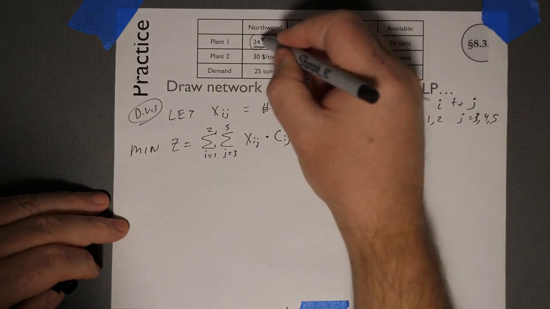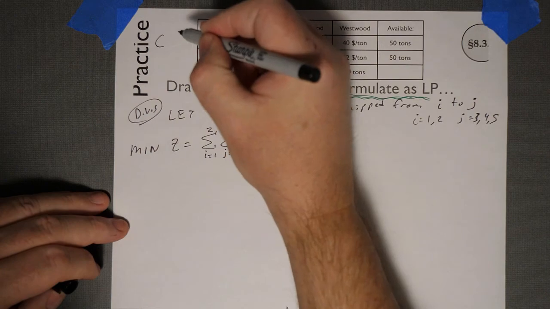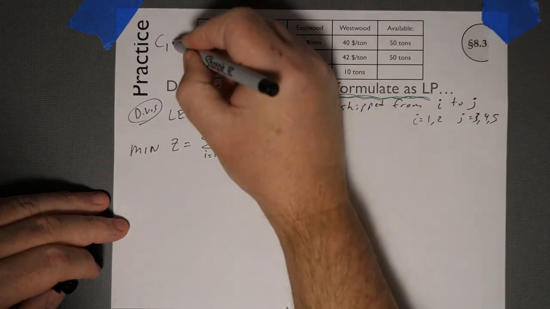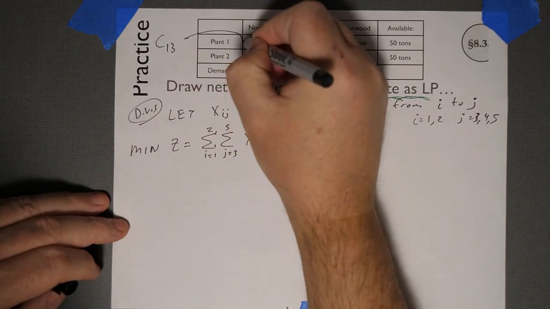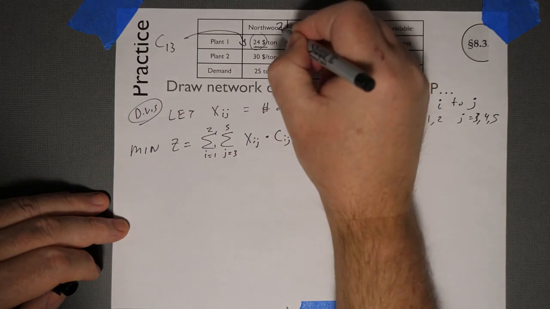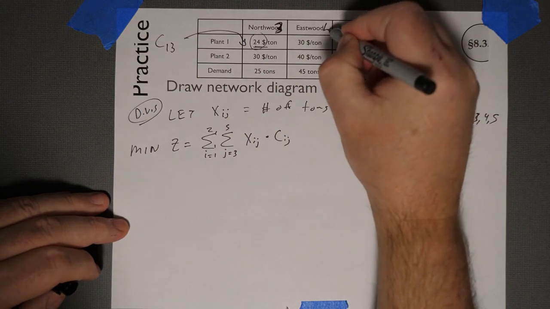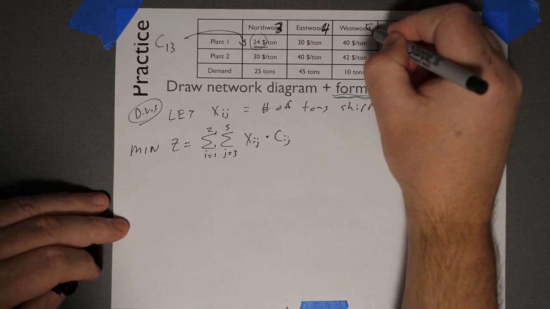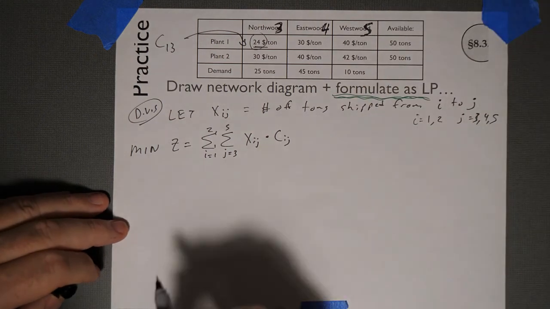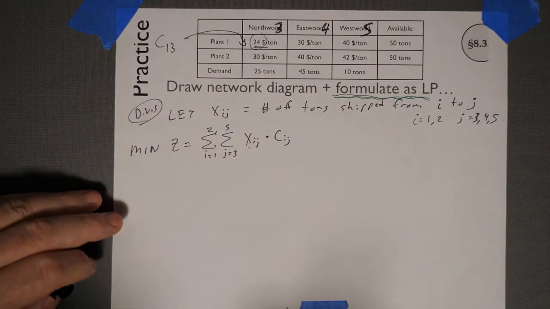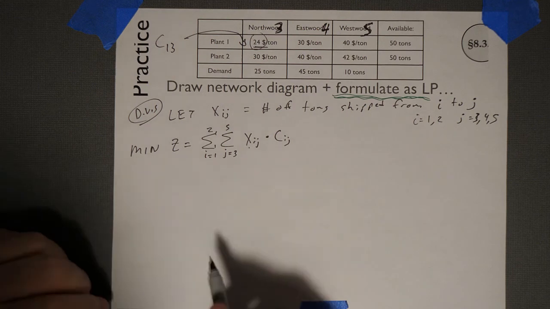So this $24, for example, is the cost from 1 to 3. And again, this was 3, 4, and 5. Okay, so number of tons times the cost per ton.